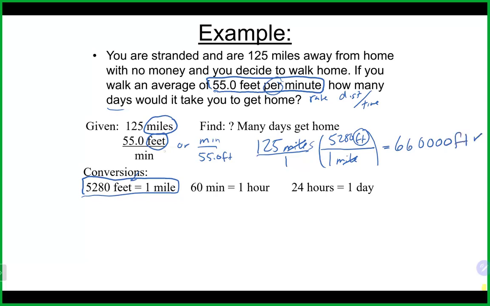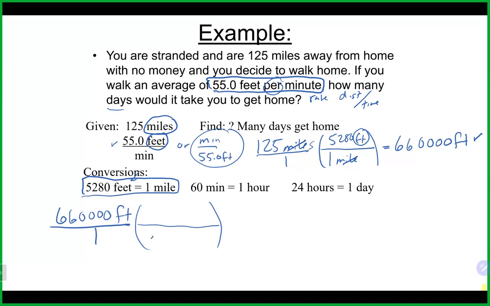Now that I have this in feet, I should have no problem using it with my rate. Obviously, you could have converted the feet per minute to miles per minute if you wanted to. I'm going to take that whole number and again set it up so opposites cancel. Feet are on top, which means I need feet on the bottom here, so I use the conversion in the reverse direction.